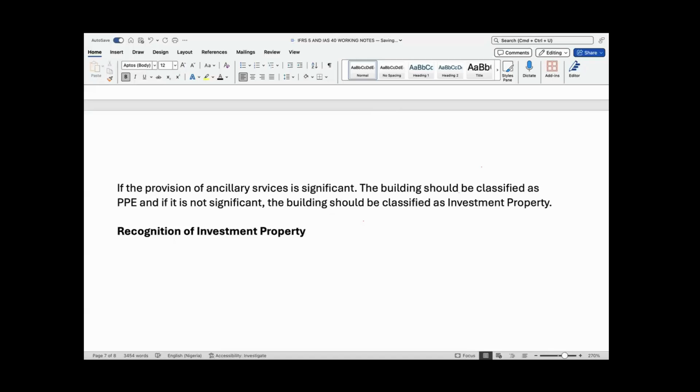So, recognition of investment property. Investment property can be recognized if the following criteria are met.